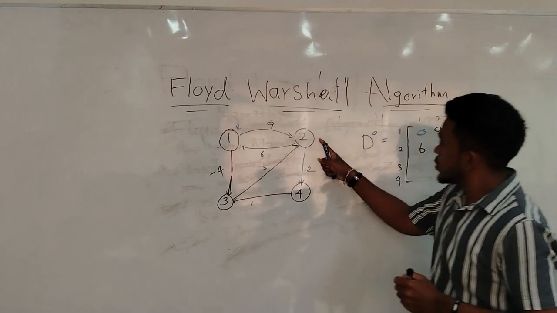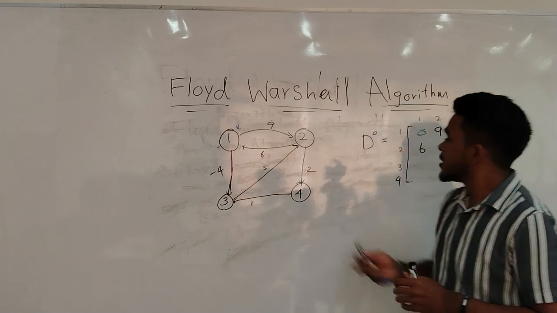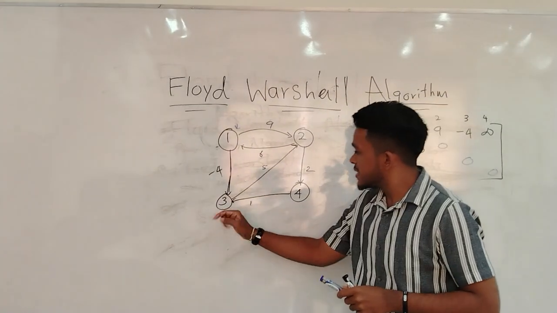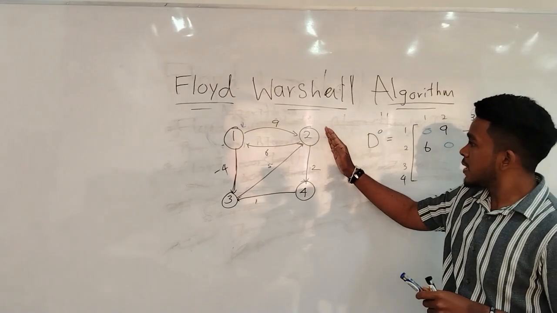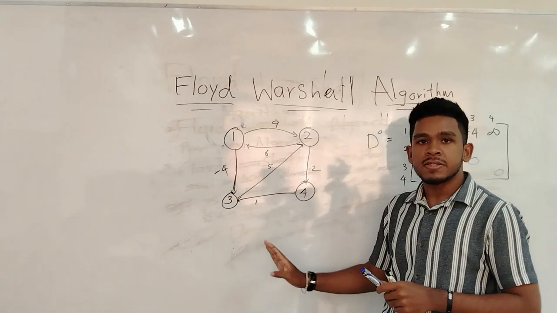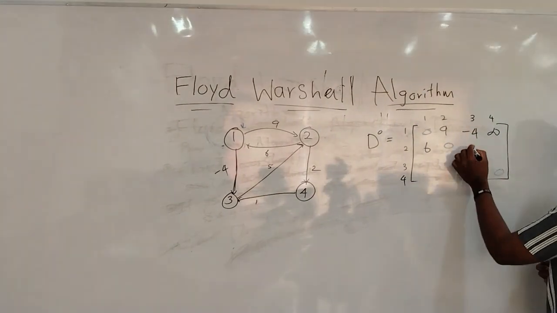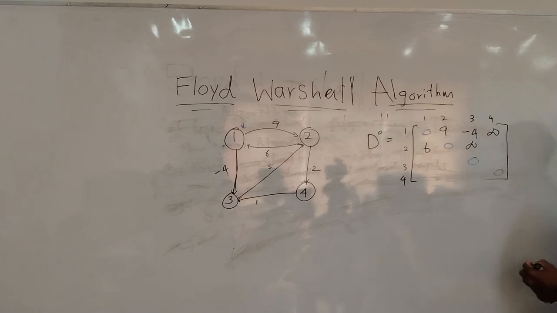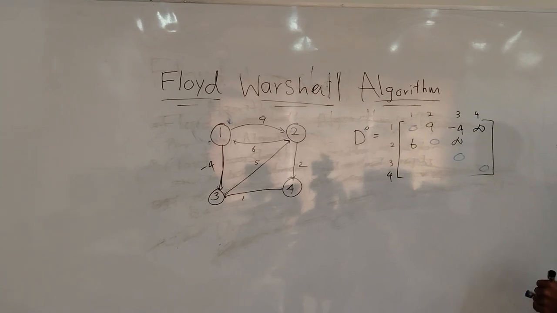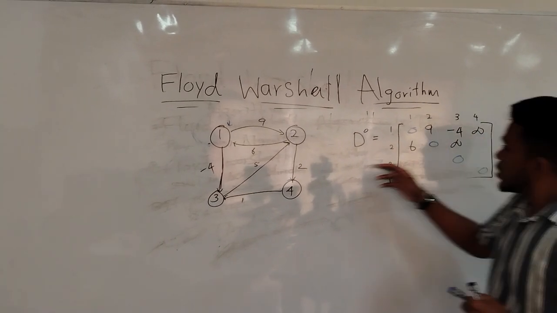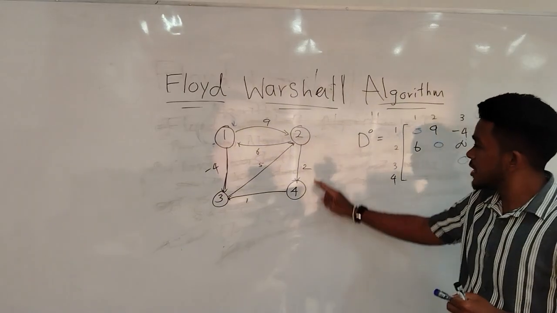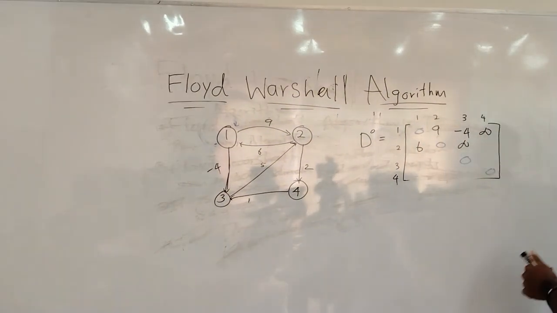And 2 to 3 there is no direct path. Though there is 3 to 2, from 2 to 3 there is no path, so its weight is infinity. Then 2 to 4, there is a directed path, 2.